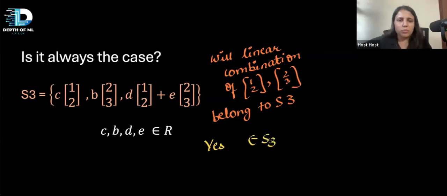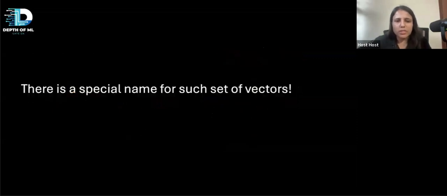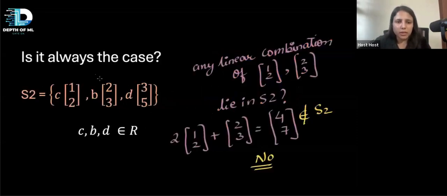So what is so special about this set of vectors? There is something special. I cannot just have any set of vectors, take 2 vectors from it and take a linear combination, and have a guarantee that that linear combination will belong to the particular set from where I took the vectors. When I took the vectors from this particular set, it was not guaranteed that the linear combination of 1, 2, 2, 3 belongs to the set.